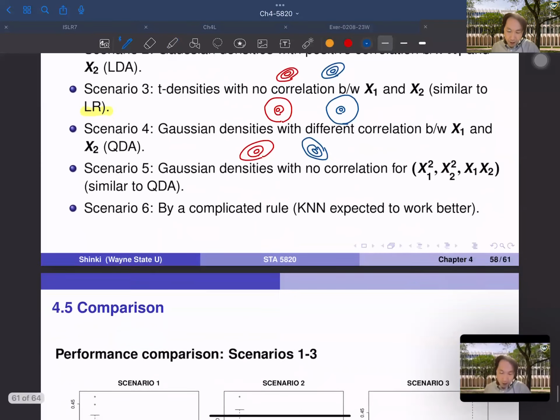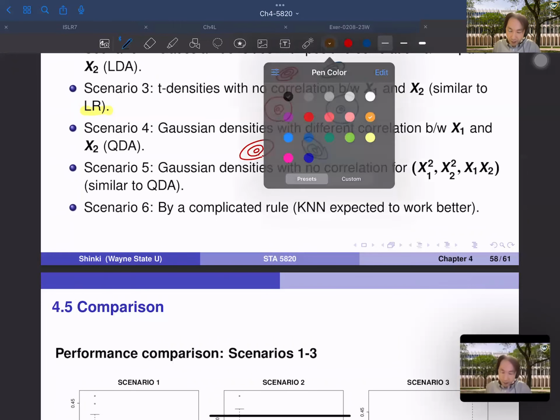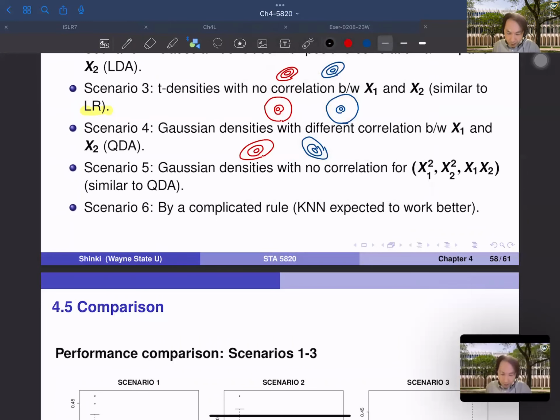And scenario 5, Gaussian densities with no correlation, for x1 square, x2 square, and x1 x2. So basically, this predictor space is different. We have 3 axes: x1 square and x2 square, and the x1 x2.